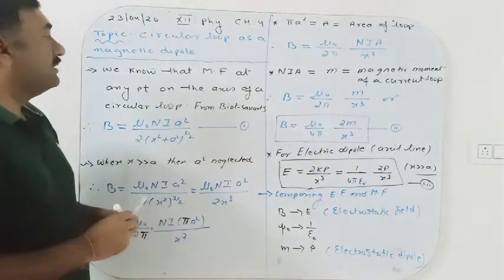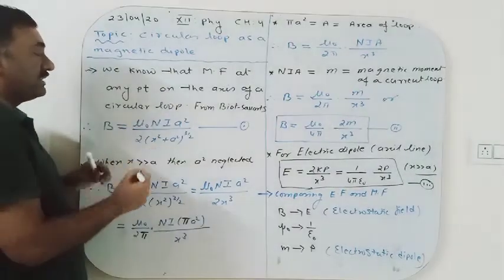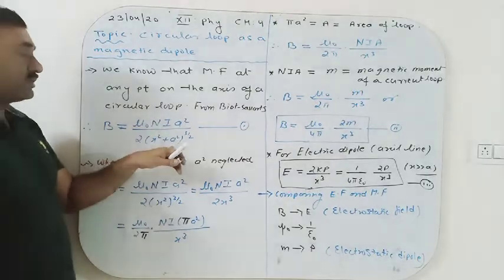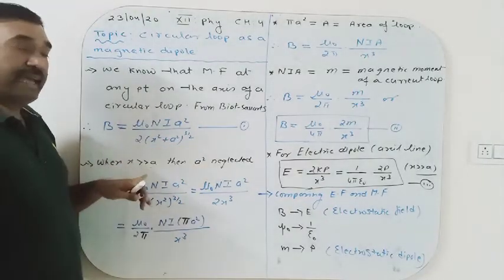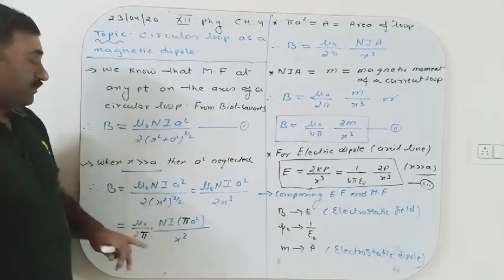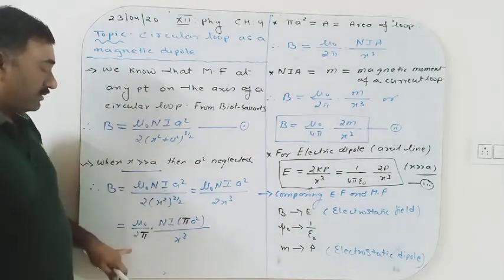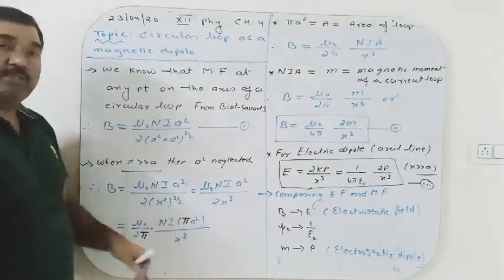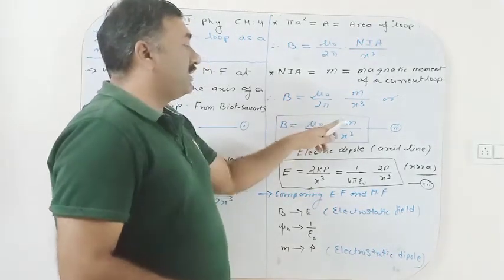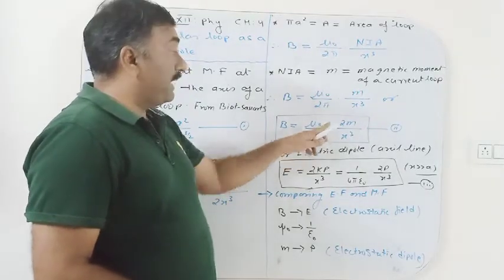Once again, the magnetic field at any point on the axis of a circular loop is mu 0 N I A square upon 2 times (x square plus a square) raised to power 3 by 2. When x is very much greater than a, a square is neglected. Then multiply and divide by pi in numerator and denominator, so pi a square becomes the area. To get 4 pi in the denominator we multiply and divide by 2.